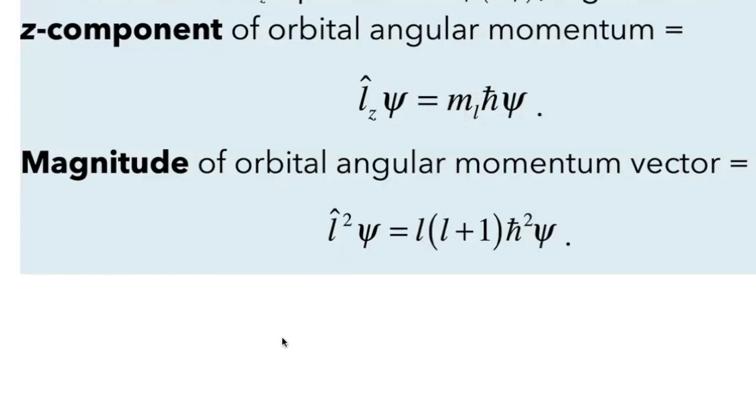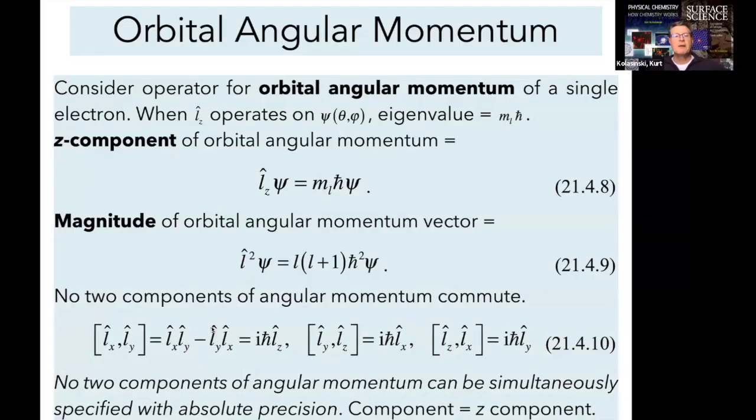Very interesting property of angular momentum is that they have very specific commutation rules. You can specify only certain aspects of angular momentum. No two components of angular momentum can be specified simultaneously.